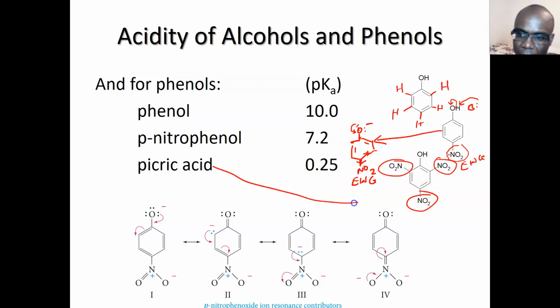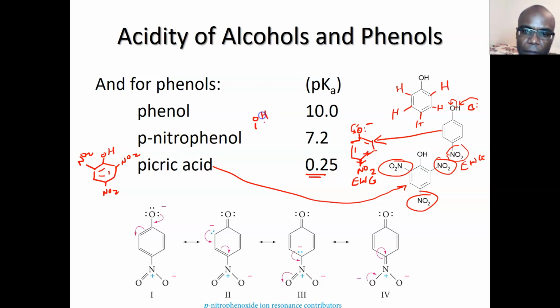That's why picric acid will be the stronger acid of the 3. So you're looking at picric acid, which has 3 nitros. So the more electron withdrawing groups, the more acidic the molecule. That's the bottom line we are saying here. The more electron donating groups you have, the less acidic it's gonna be.